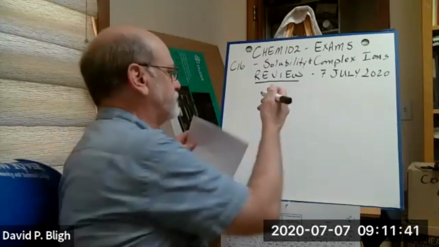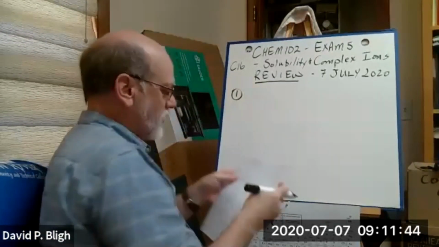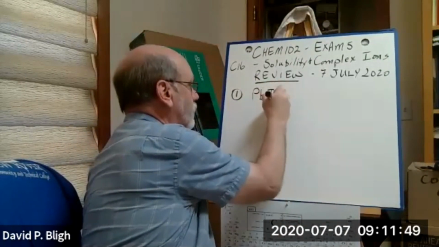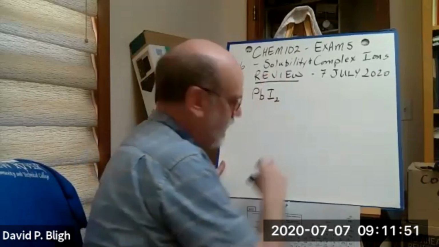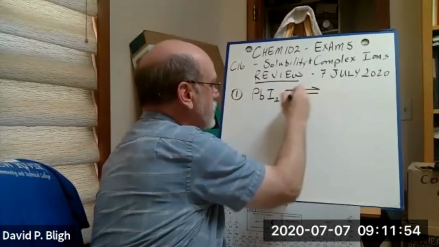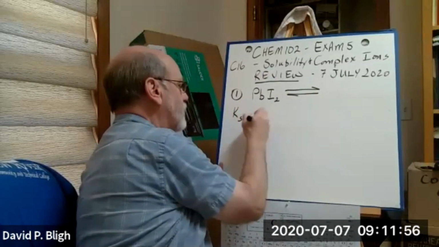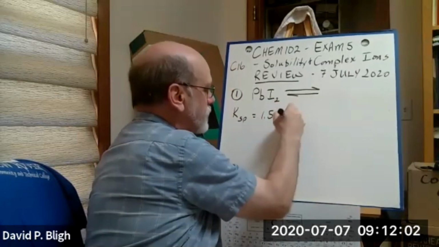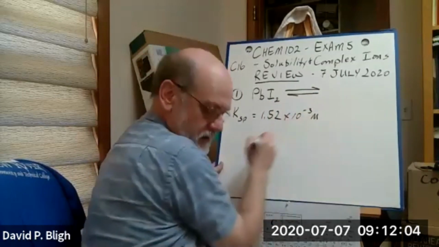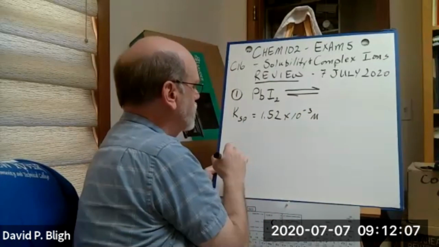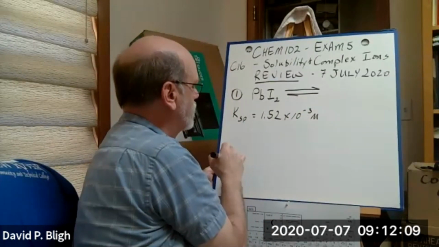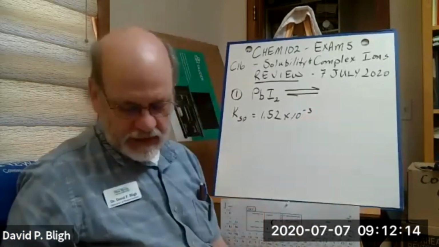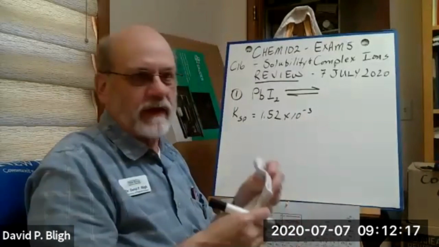Number one, we're given this compound, and we're also given the solubility product for that compound, which is 1.52 times 10 to the minus 3. Let's take that out. In keeping with our equilibrium expressions, don't have units.